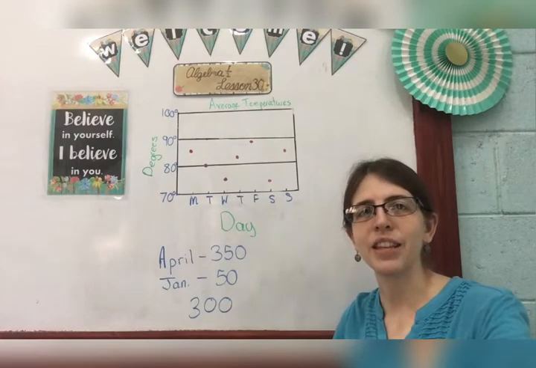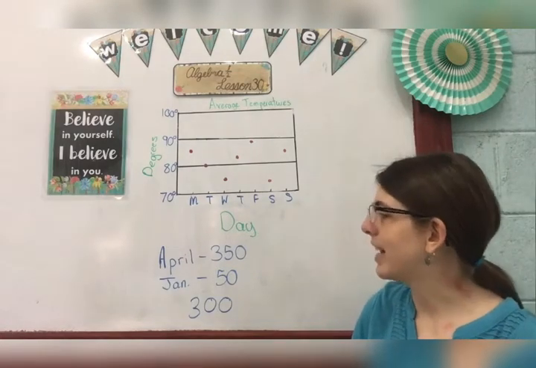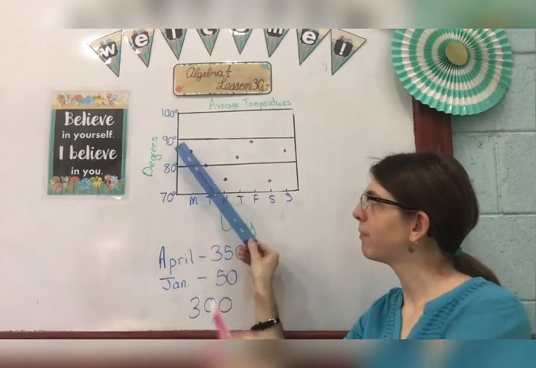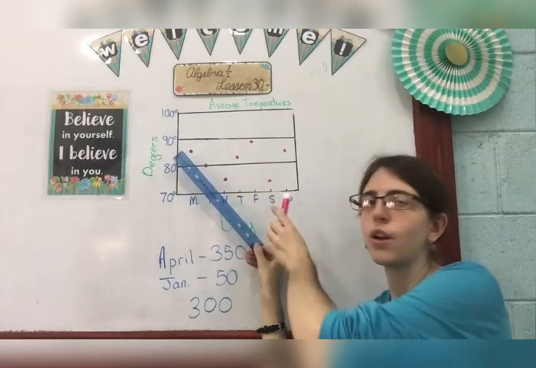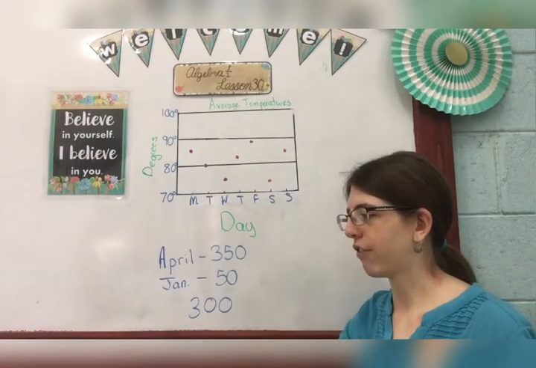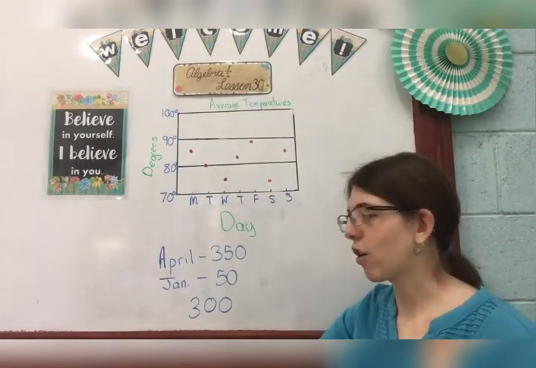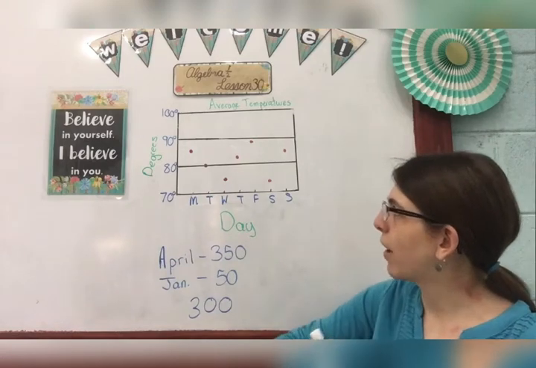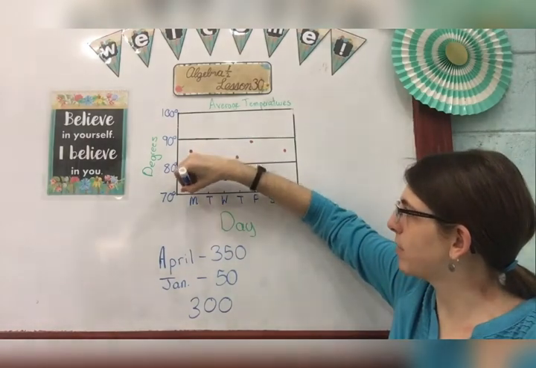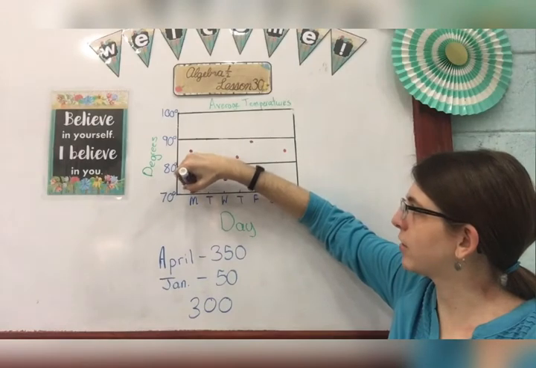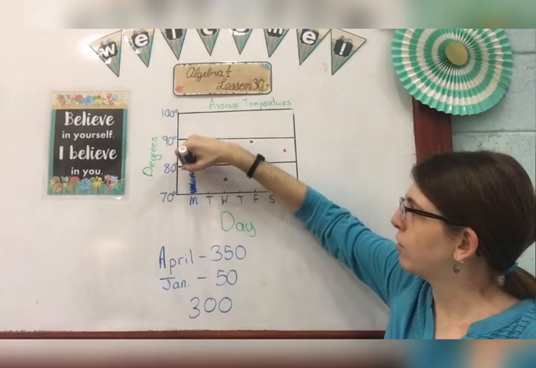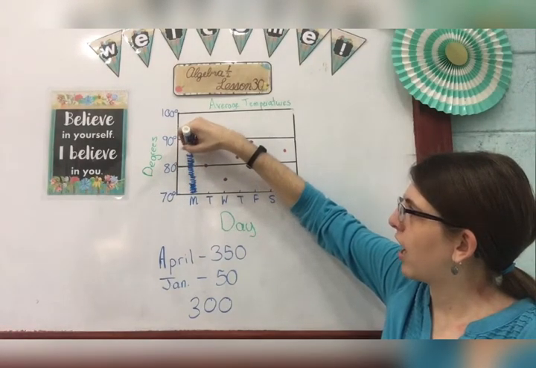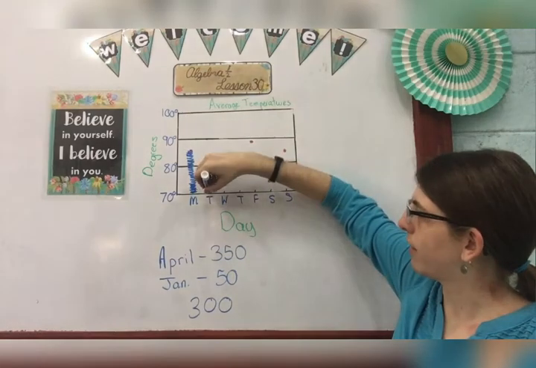Now I can make this either a line graph by connecting these, use a ruler and connect these lines, or I can make it a bar graph. Right now I'm going to make mine a bar graph. Normally I would use a ruler to make it straight, but for time's sake I'm just going to draw it up. Up to my point.